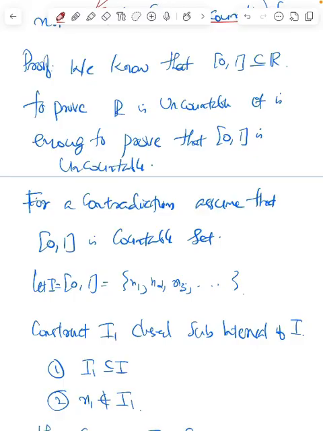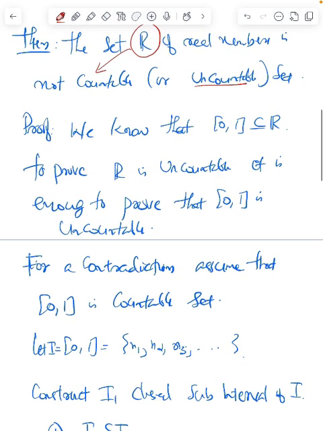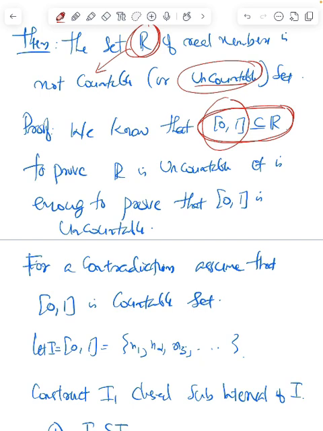Okay, now we are going to prove that the set of all real numbers is an uncountable set. We know that the closed interval [0,1] is a subset of R. Now I am going to prove that [0,1] itself is an uncountable set.